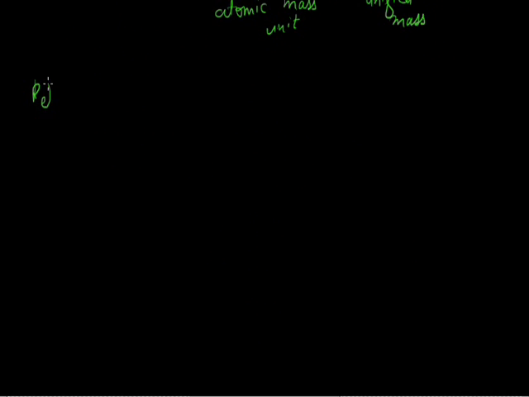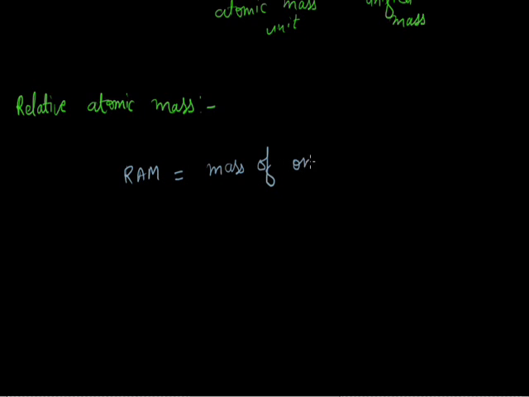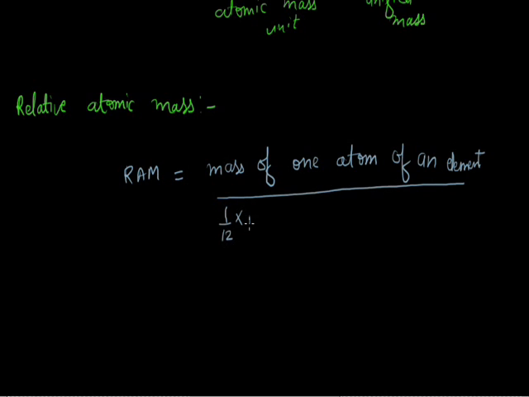The first one is relative atomic mass. Relative atomic mass is equal to the mass of one atom of an element upon 1 by 12 of the mass of one atom of C12.